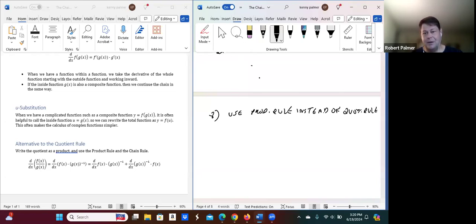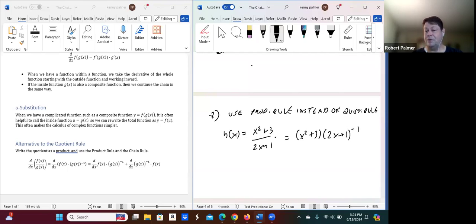So let's do that. Let's call this function h of x, and let's do something fairly basic, not get too detailed: x squared plus 3 over 2x plus 1. Now I can also write this as x squared plus 3 times 2x plus 1 to the negative first power.